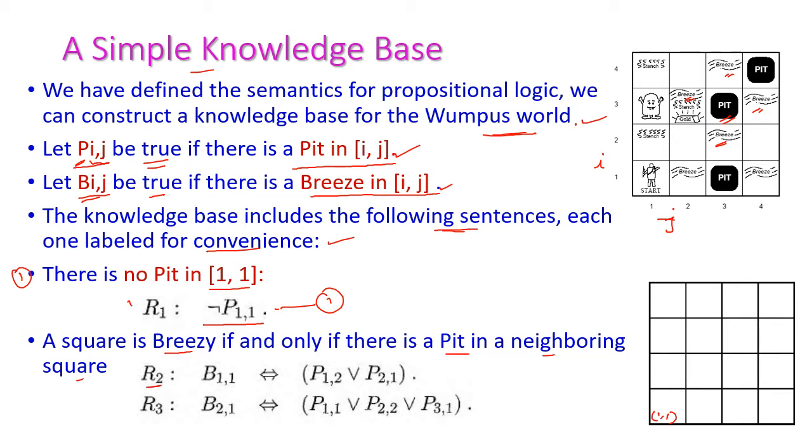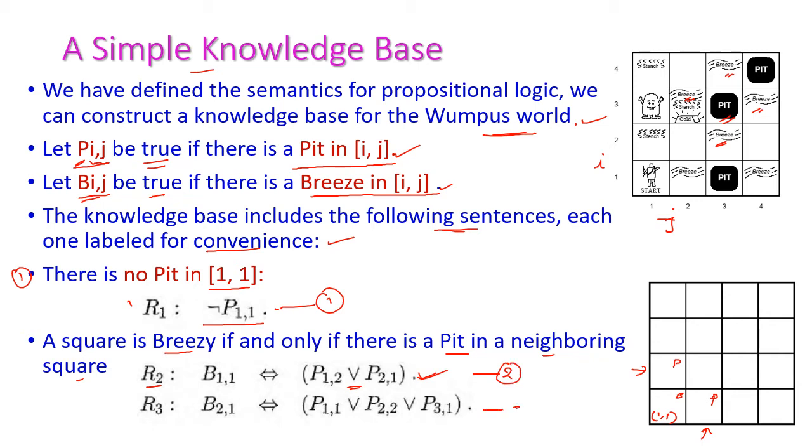Suppose B is there, then the pit may be in 1 comma 2 or 2 comma 1, isn't it? If a pit is either in this square or in this square, we have to use this or symbol, that is the disjunctive symbol. This is the second one.